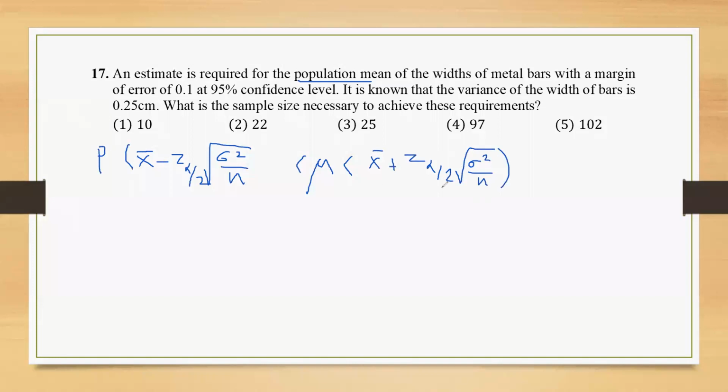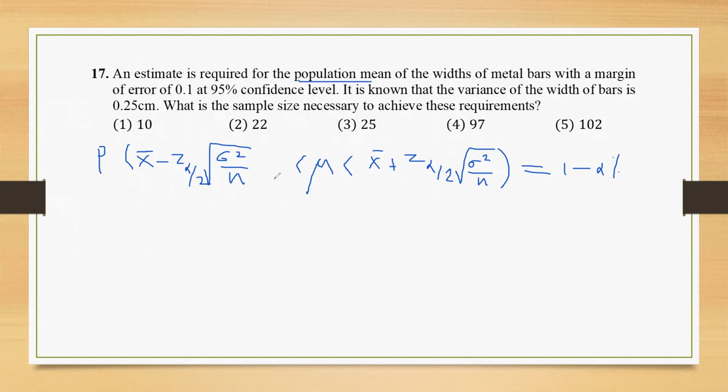Check whether you remember this. This is equal to 1 minus alpha percent. So here at the middle you can find mu, because we need to do the estimation for the population mean.